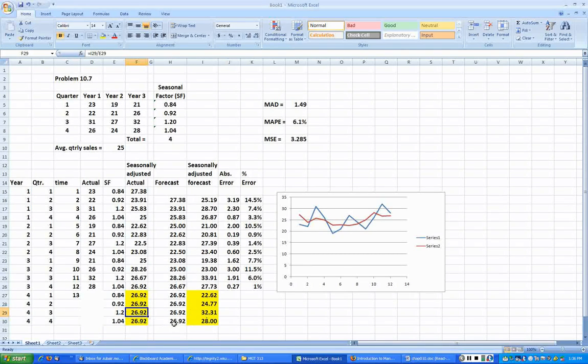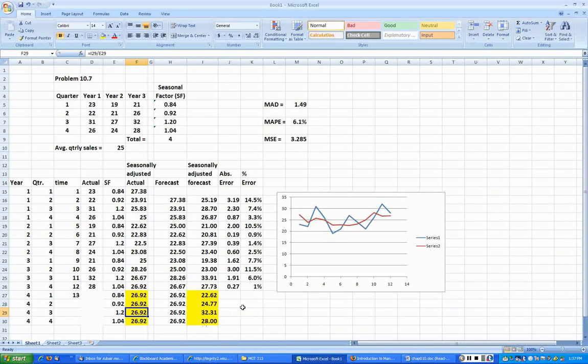That becomes the forecast for quarter 4. Now you adjust the seasonal factor, that's 1.04 times 26.92, that's 28. So the quarterly forecast for year 4 would be 22.62, 24.77, 32.31, and 28.